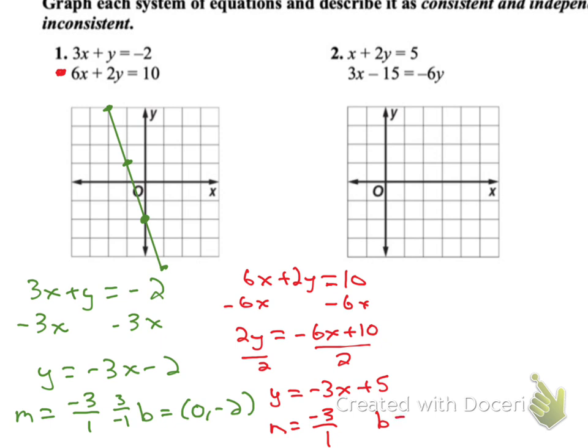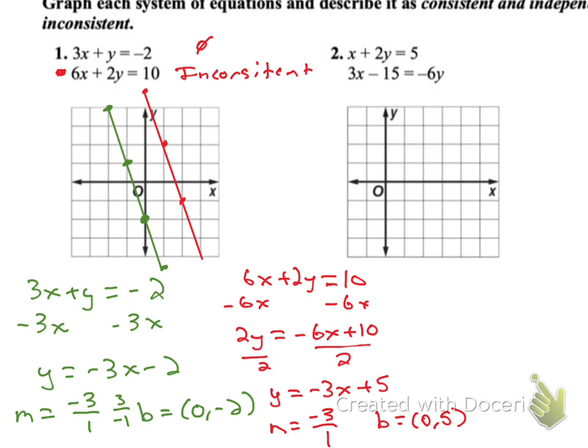Same slope, different y-intercept. So they're parallel lines, they never cross, so it's inconsistent. You can just write incon. with a period. You don't have to write inconsistent all the way out.